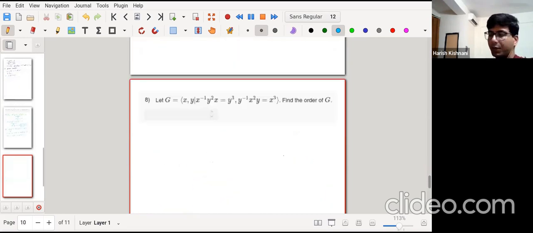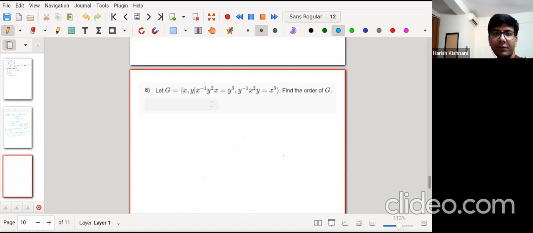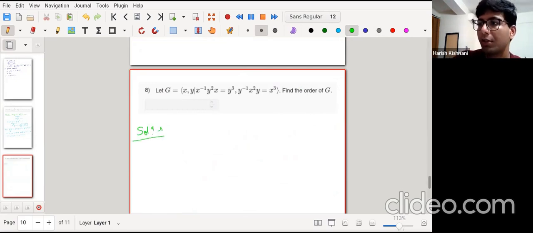Next question is of the same nature. The answer is the same, but it's a bit tricky. First of all, for your convenience, you can assume that the group is finite because it's a numerical type answer.